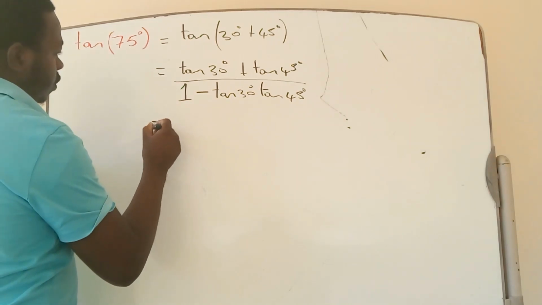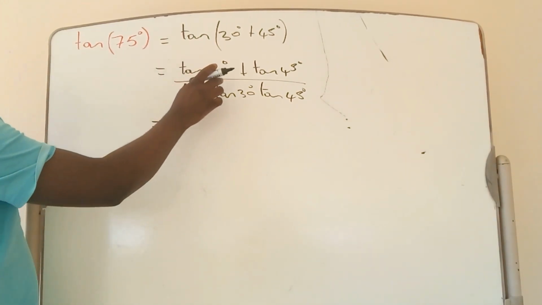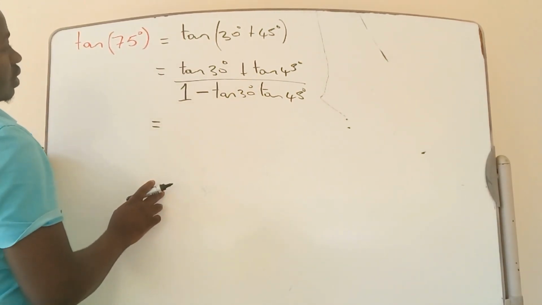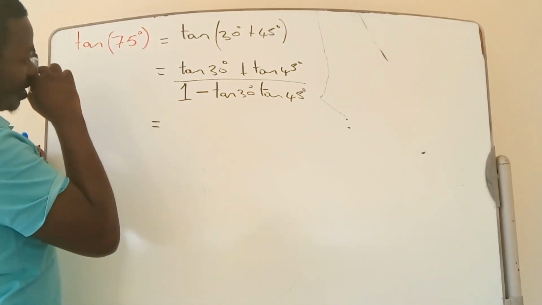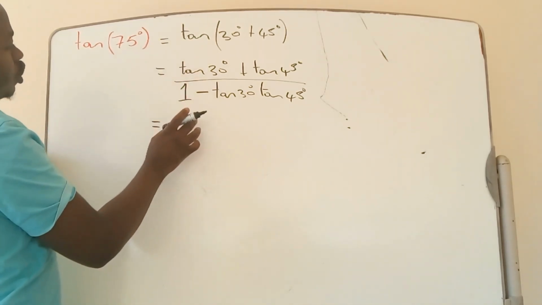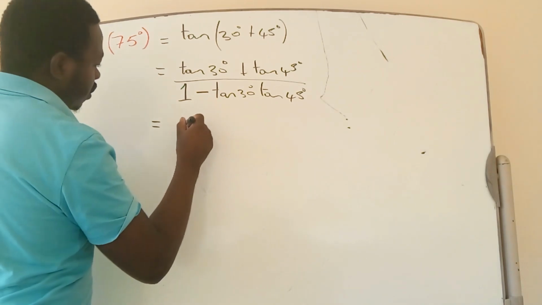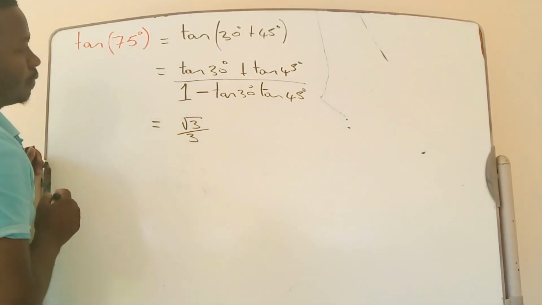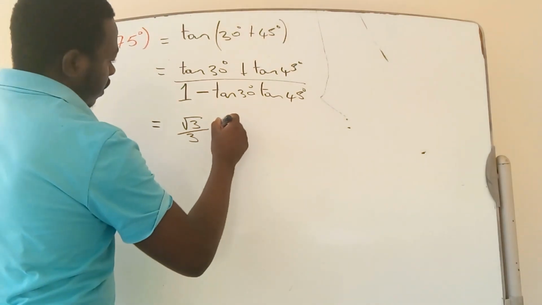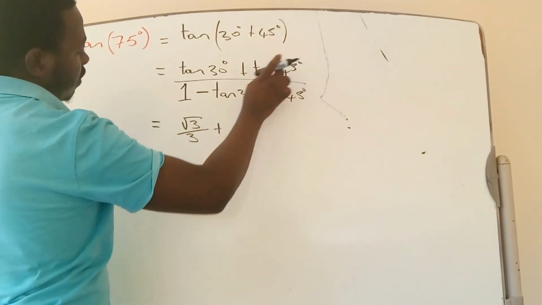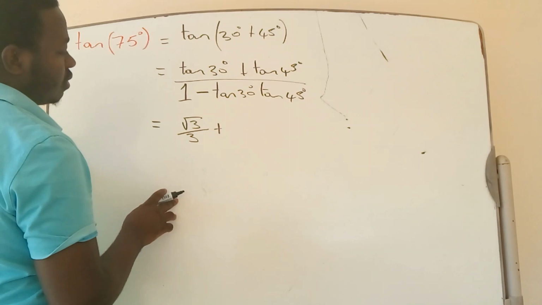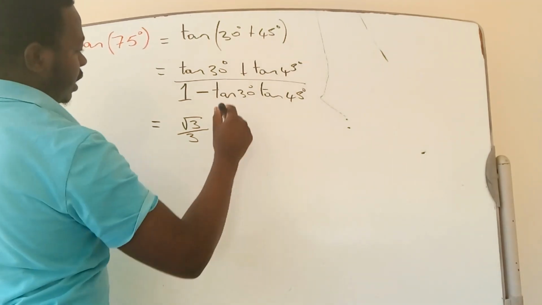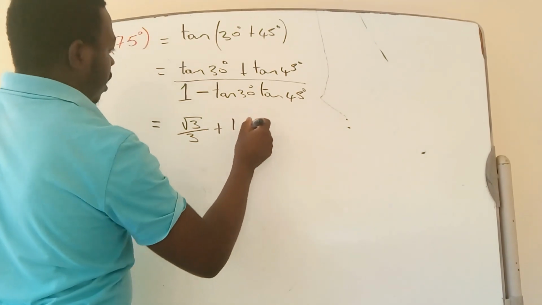Which is equal to, what is tangent of 30 degrees? Tangent of 30 degrees is 1 over root 3, or is just root 3 over 3, right? Plus tan 45. But what is tan 45? Tan 45 is just 1.